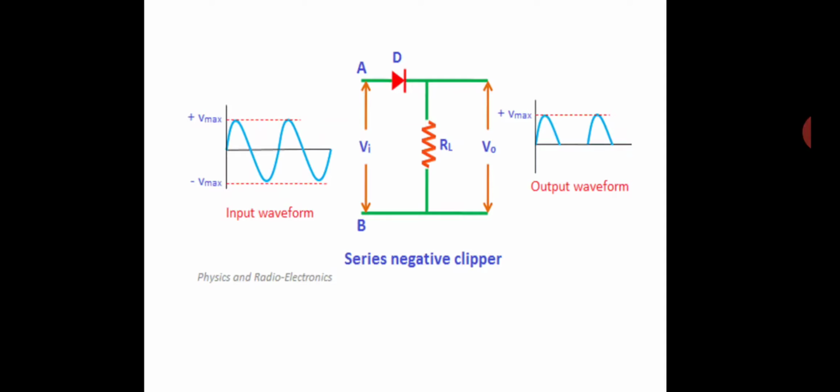Okay. In negative supply, when point Vi is negative and diode part is positive, both are opposite, so the diode is reverse bias.